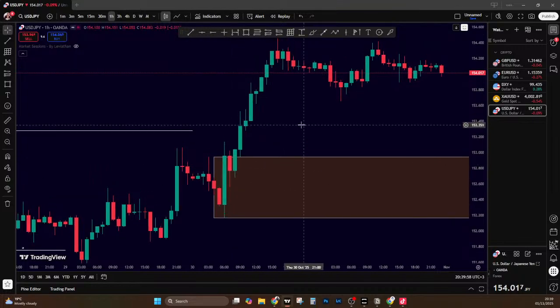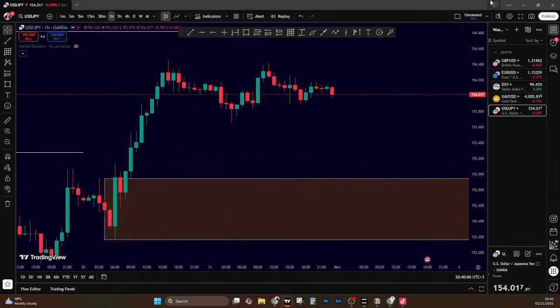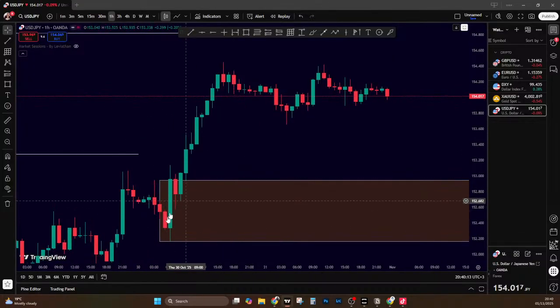I wouldn't advise you to either refine to this or this, because both of them are valid, although this one looks more valid because this move has been retested by this, and then there is no reason why the market should come below this point, although it can take this as liquidity.